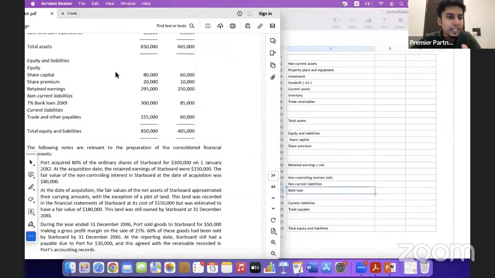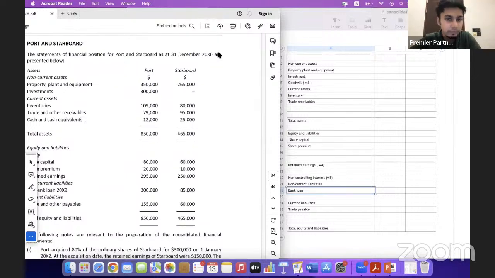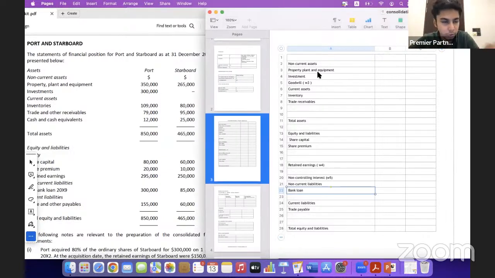Normally, in consolidation, how do you deal with assets? Assets are dealt with this way: parent assets are combined with the subsidiary assets. Understood? If they ever ask you a question to show the balance of an asset, always remember how assets are dealt with in consolidation. Parent asset is added together with the subsidiary asset.